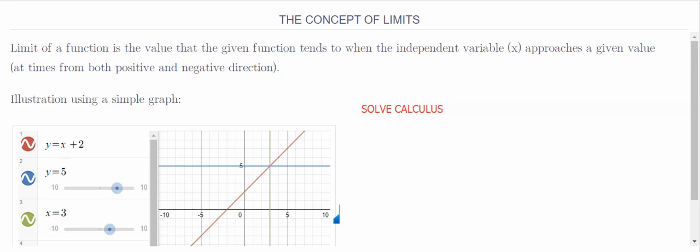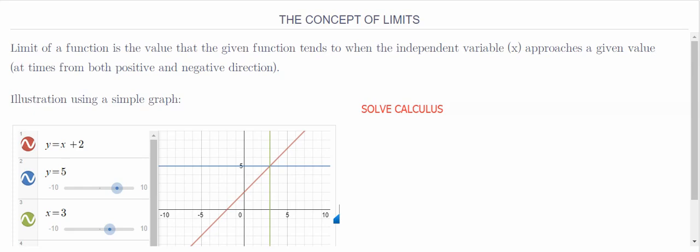A simple number line has negative and positive sides of 0. When the independent variable approaches a value from the negative side, we call it a negative approach. When it approaches the value from the positive side, we call it a positive approach.